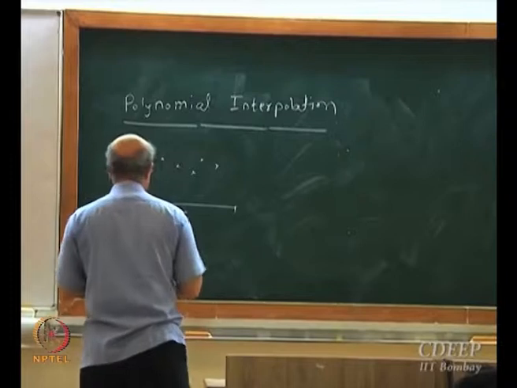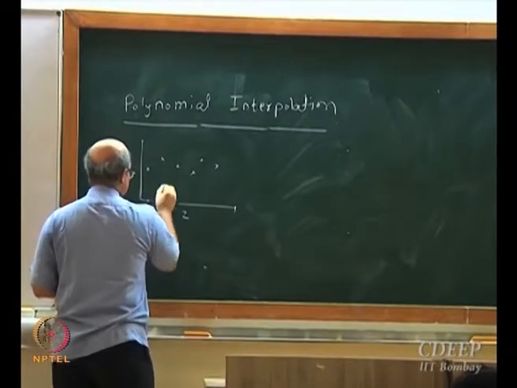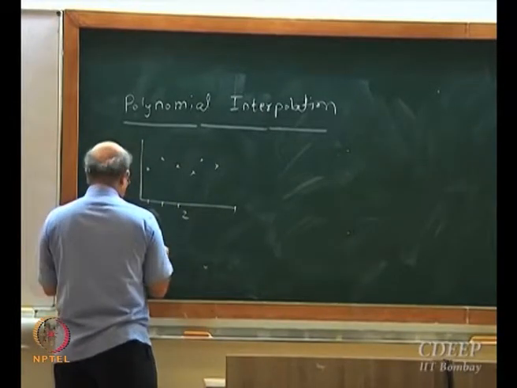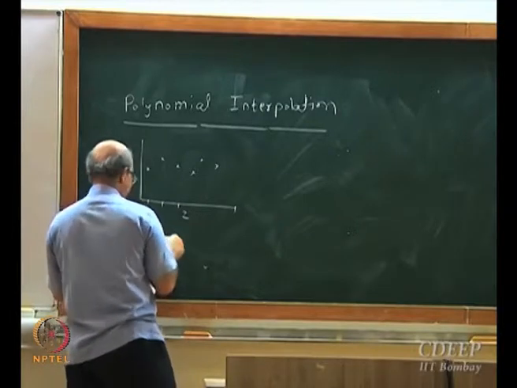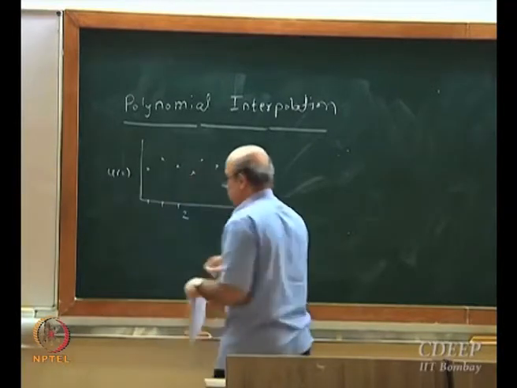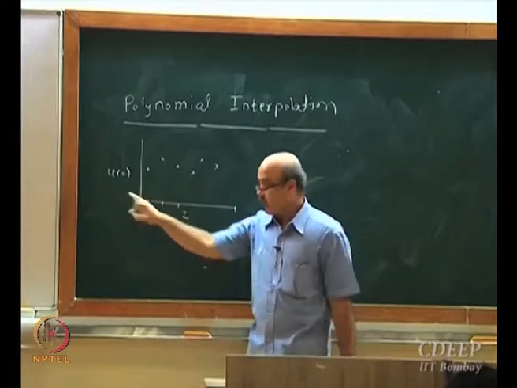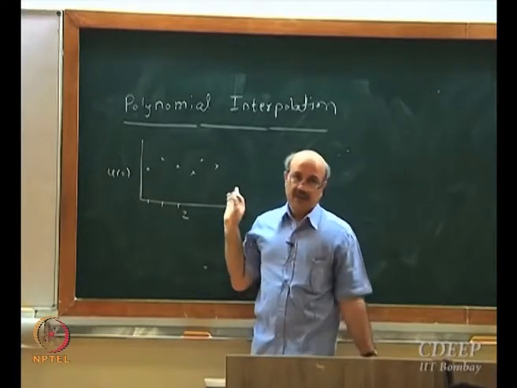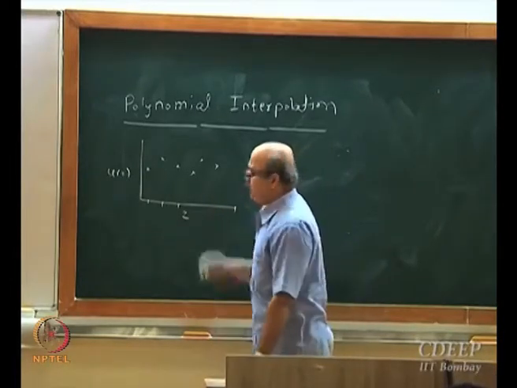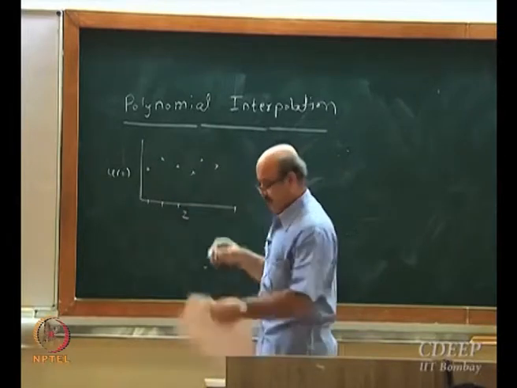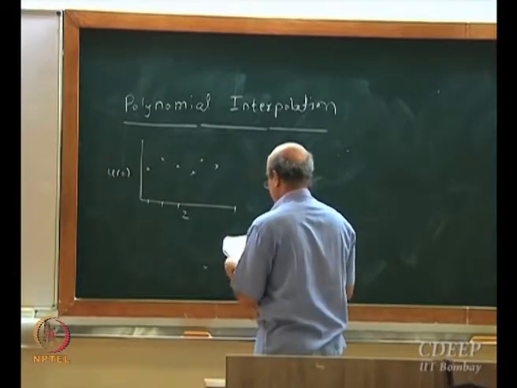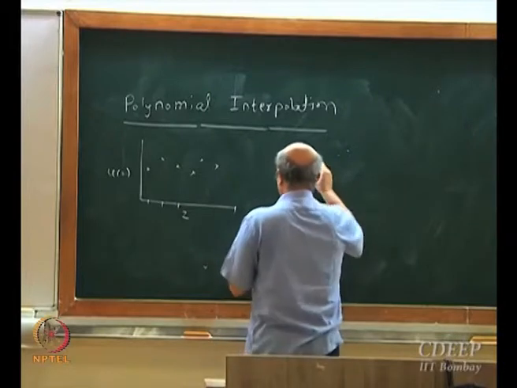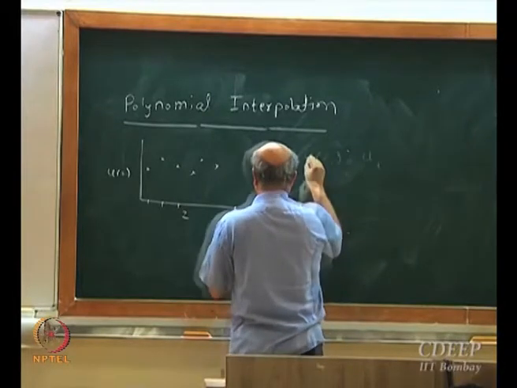Now what I want to do here is, I have this function u(z) as a function of independent variable z, and I know the function values at these discrete points in the domain.